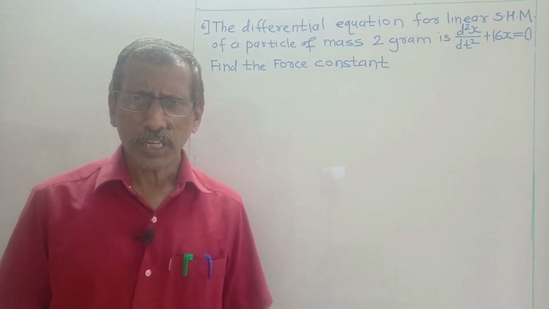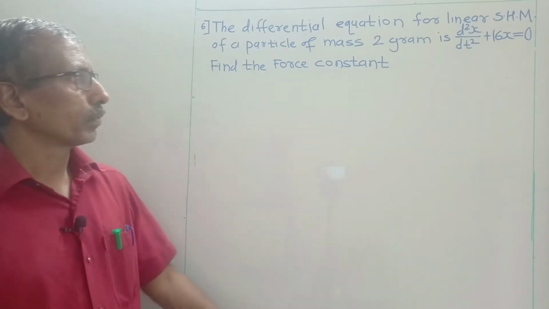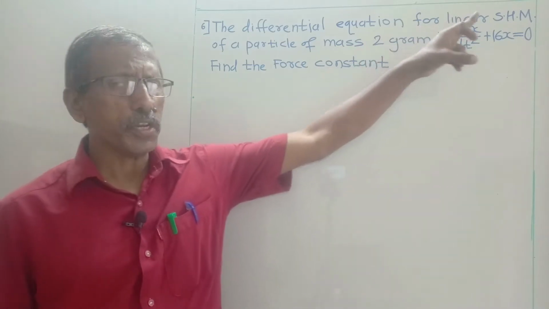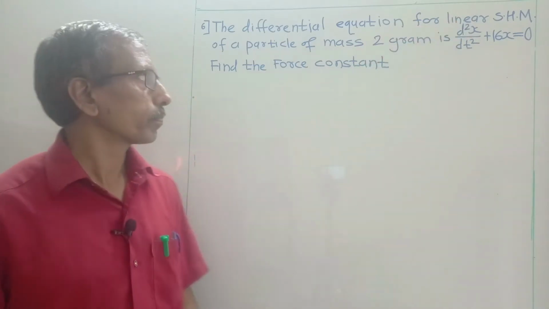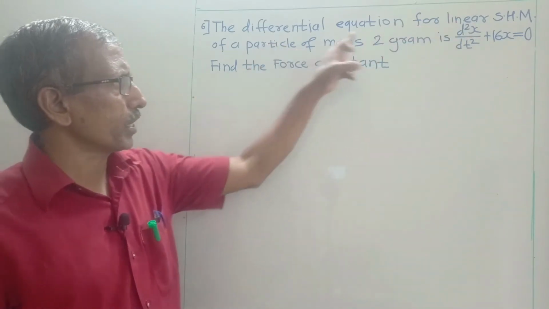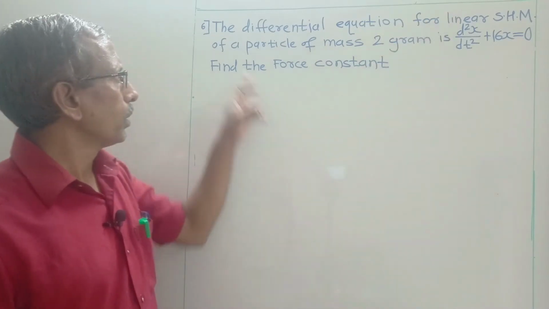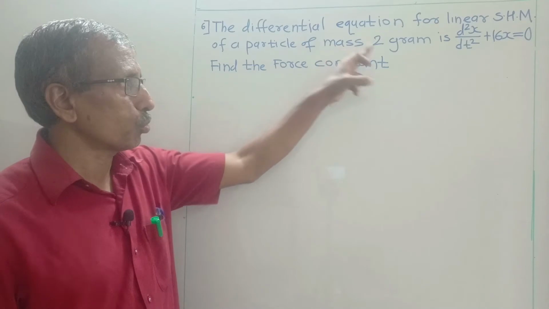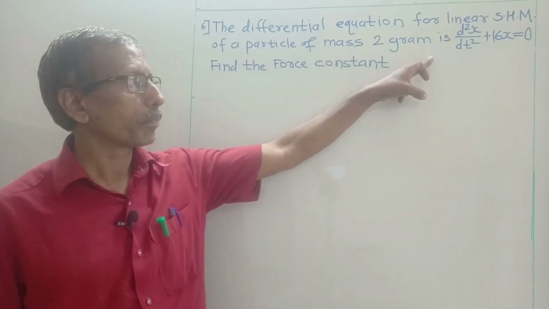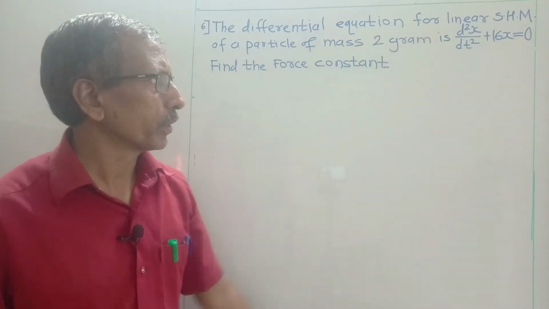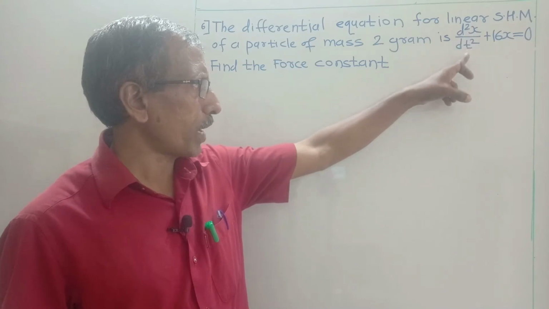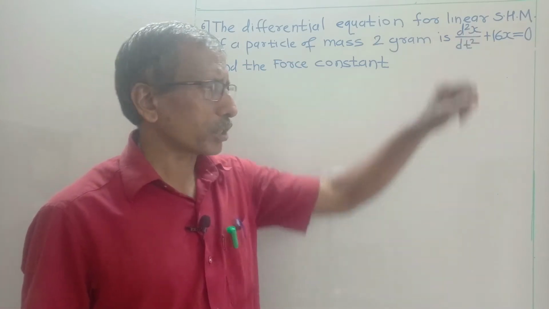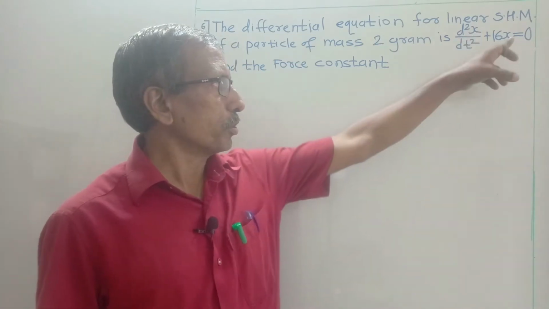The differential equation for linear SHM of a particle of mass 2 gram is d2x by dt square plus 16x is equal to 0.